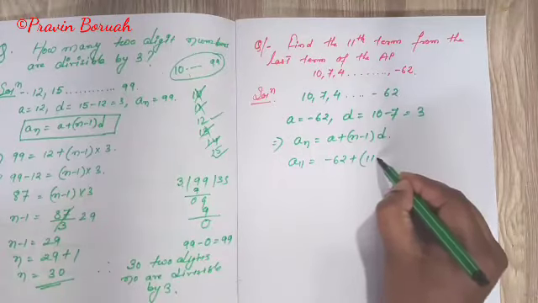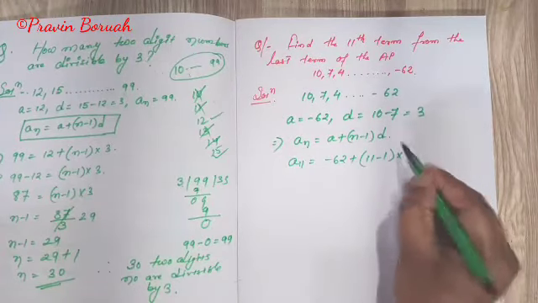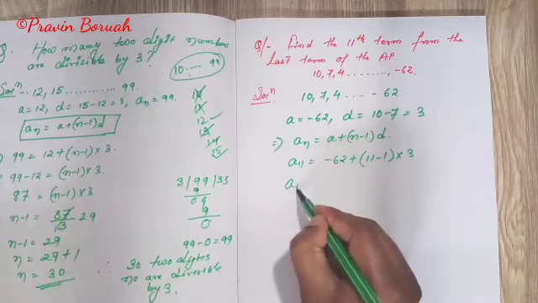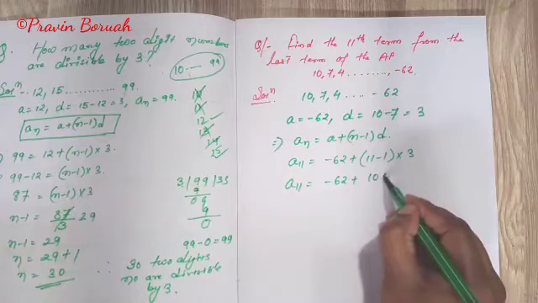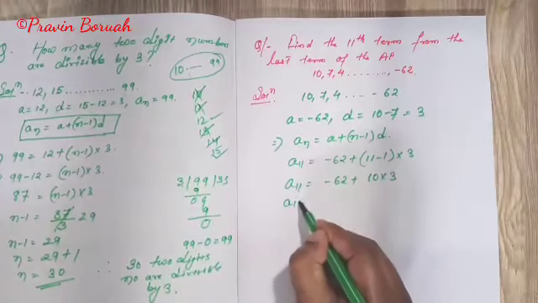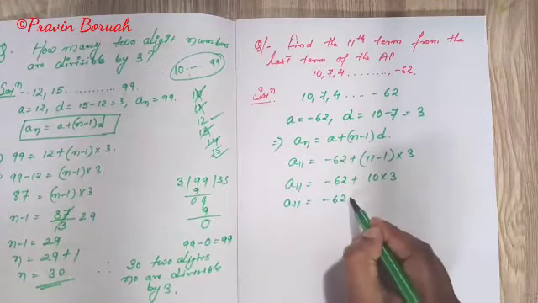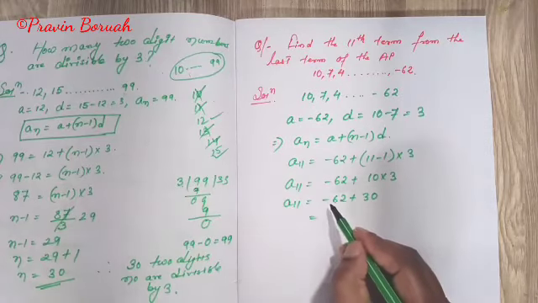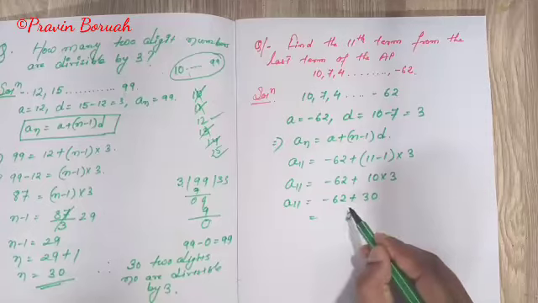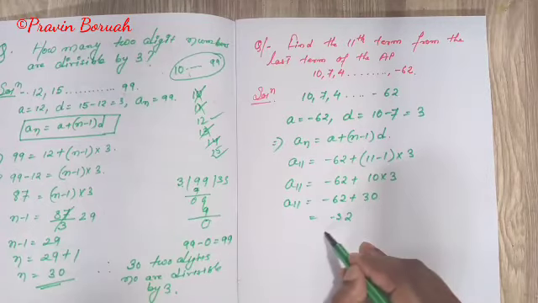So here you write 11 minus 1 into d. d is 3. So a11 is equal to minus 62 plus 11 minus 1, 10, 10 into 3. Okay. So a11 is equal to minus 62 plus 30. So what will we get? We will get minus 32.